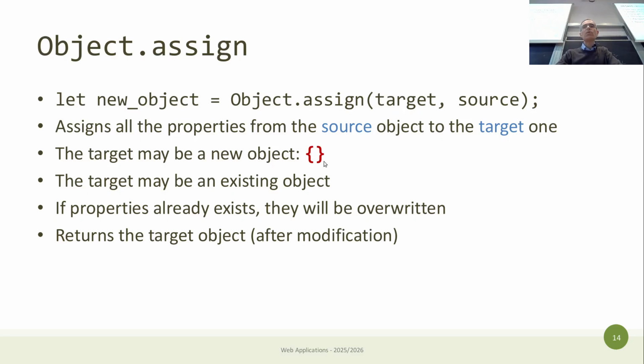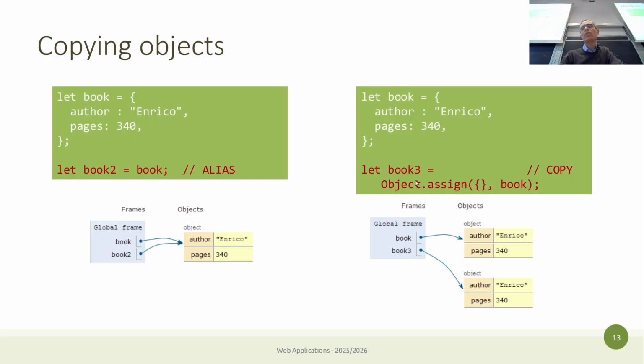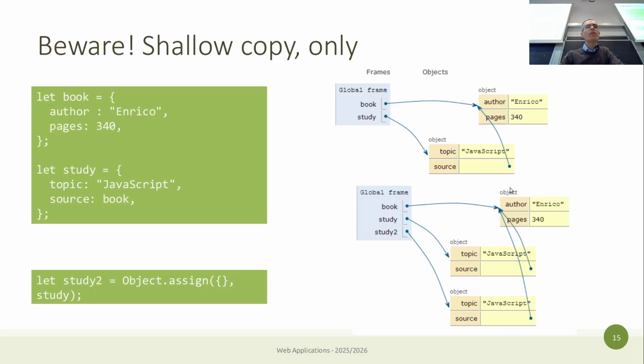So you define a new object, but you don't have a reference if you define it like this. But luckily, the function returns the reference to this target object. So that's why this expression works, because the return value is actually this object fully filled in with the book properties. Good. Beware, again, shallow copy only.